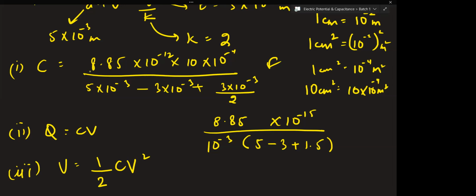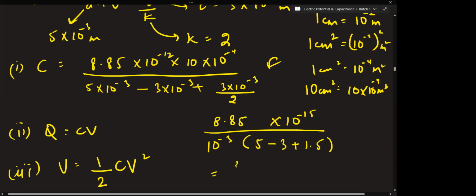Answer. See, this is 8.85 into 10 to the power minus 15, and you can bring it in the numerator as 10 to the power 3. Divide it. This is 5 minus 3 plus you have 1.5, so that will be 3.5. 8.85 divided by 3.5. 3 into 2 is 6, so it will be 2 point something.